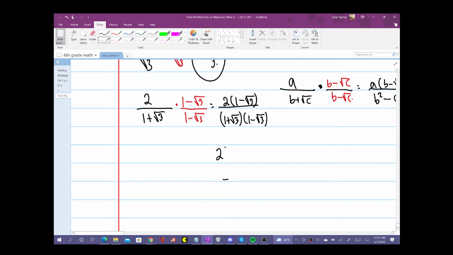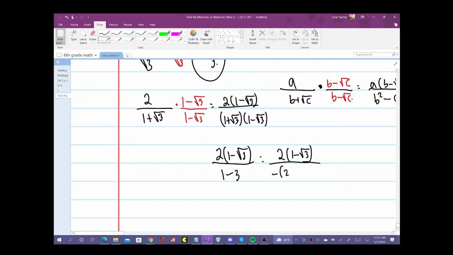This is 2 times 1 minus square root of 3 over 1 minus 3. This becomes 2 over negative 2 times 1 minus the square root of 3.